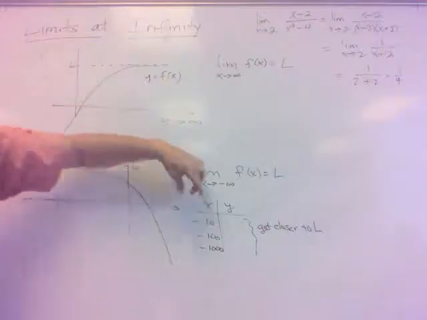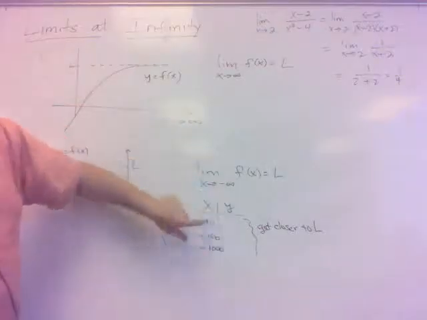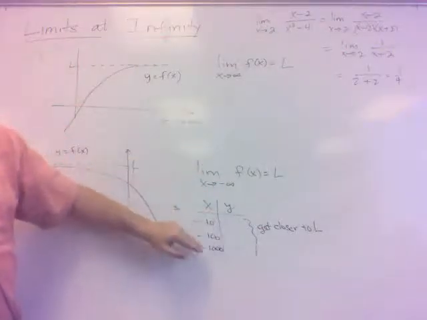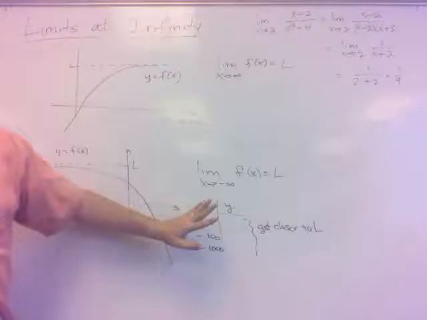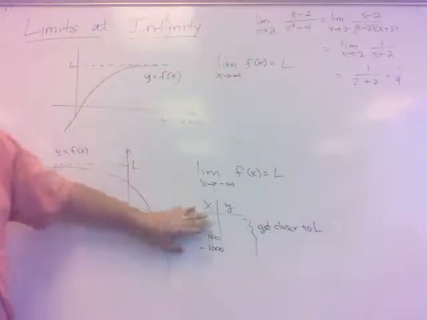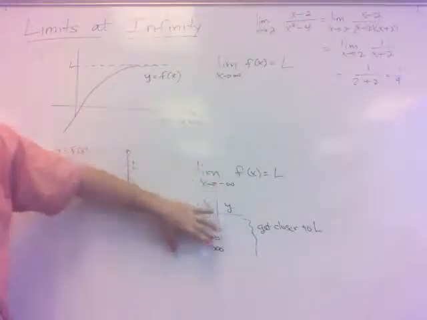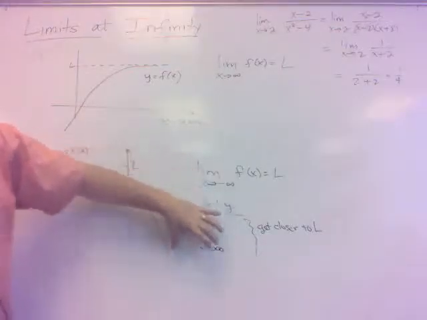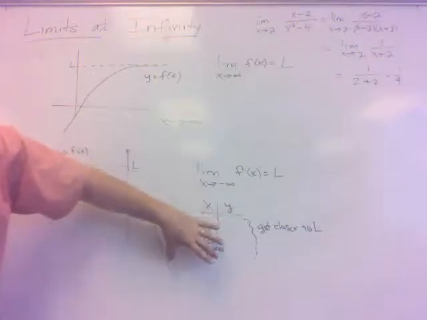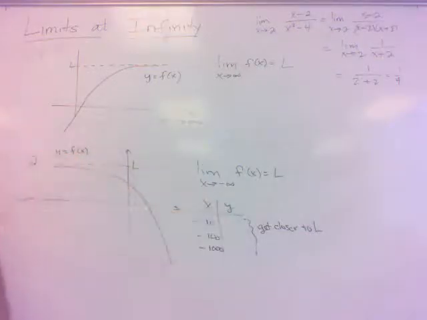Back on those, we were looking at x approaches 2, so we did 1.9, 1.99, but for these, if we did tables, the x values would go out to either negative infinity or positive infinity. And then the function values would need to go to some number L, whatever it may be.